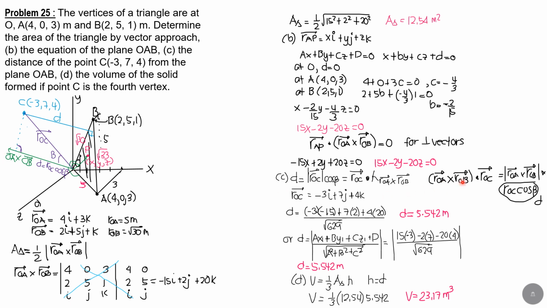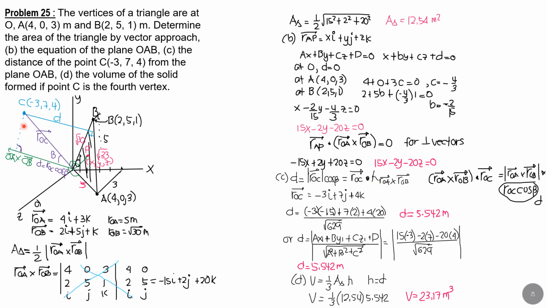So the result is the magnitude of ROC, the magnitude of ROA cross ROB, then cosine of beta. And we note that ROC cosine beta is the required perpendicular distance. So that's why it will appear to be equal to this.